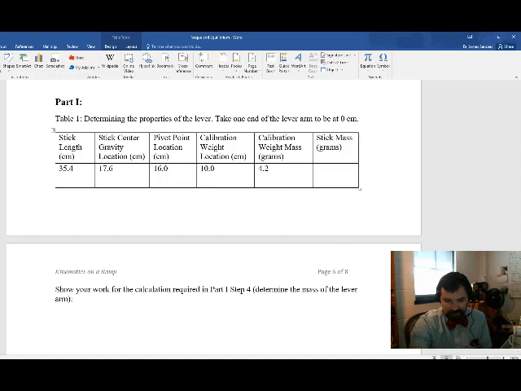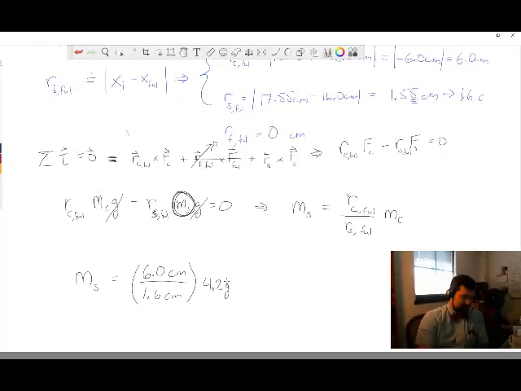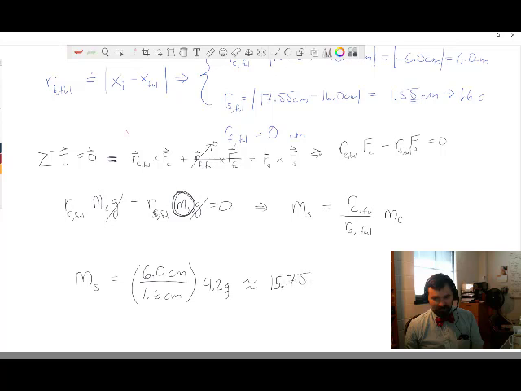So we plug in our 4.2 grams, and then you throw all those numbers into a calculator. That would be 6 divided by 1.6 times 4.2. What you end up getting is 15.75 grams.